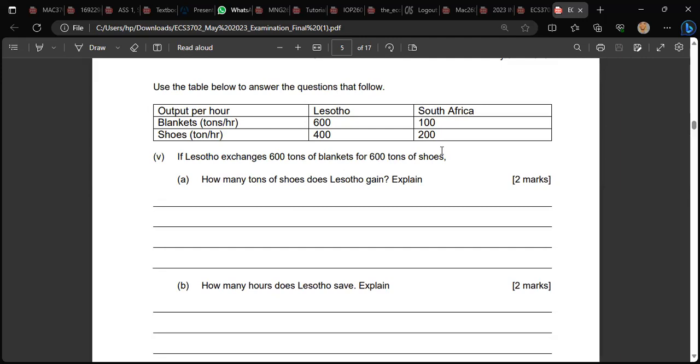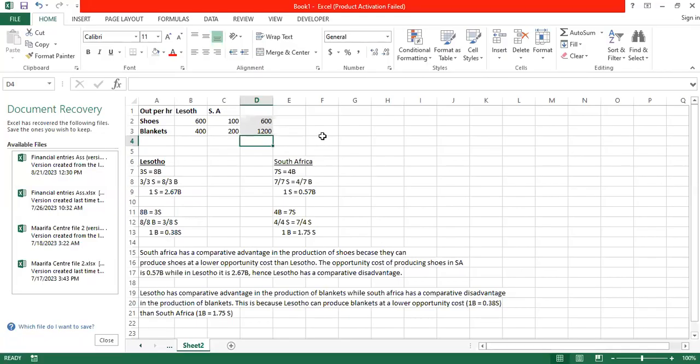So South Africa is getting blankets for shoes. But in that ratio now, we are receiving blankets. So we are receiving 600 tons of blankets, right?